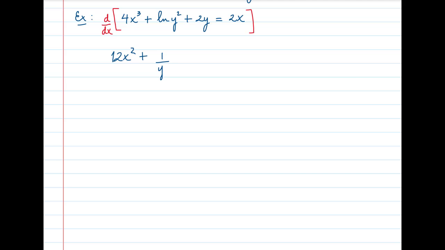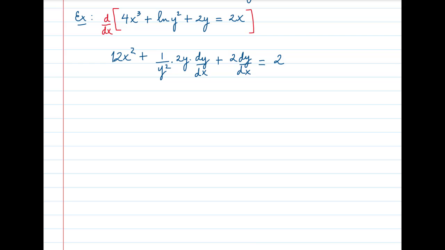So the derivative of 4x cubed is equal to 12x squared, plus the derivative of ln of y squared, which is 1 over y squared, the derivative of ln, a natural log, times chain rule says the derivative of y squared is 2y, and then of course dy/dx, because y is a function of x, plus 2 dy/dx equal to just 2.